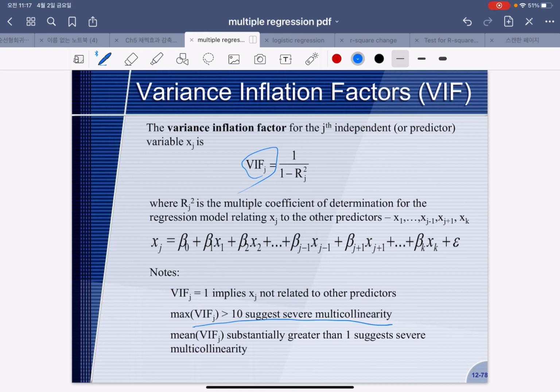Then you need to do the correlation analysis among the independent variables and check which ones are correlated with each other. Then you need to consider dropping one of those independent variables. That's how to handle the multicollinearity problem.